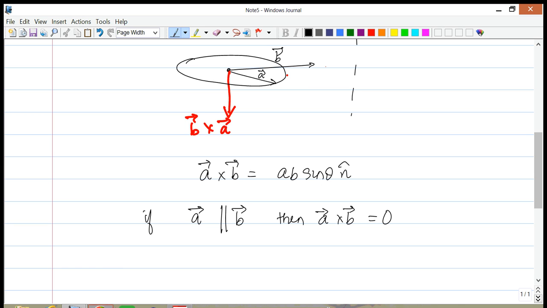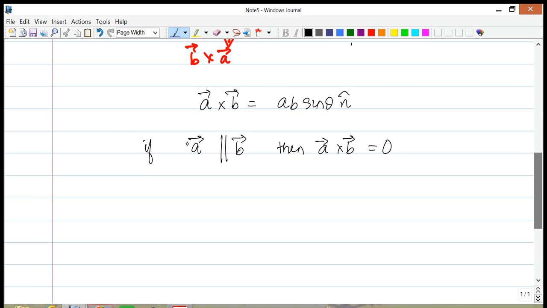So unlike the dot product, where if two vectors were perpendicular with each other the dot product would be equal to 0, here it's the opposite. And if a is perpendicular with b, then the magnitude of a cross b is simply equal to a times b.